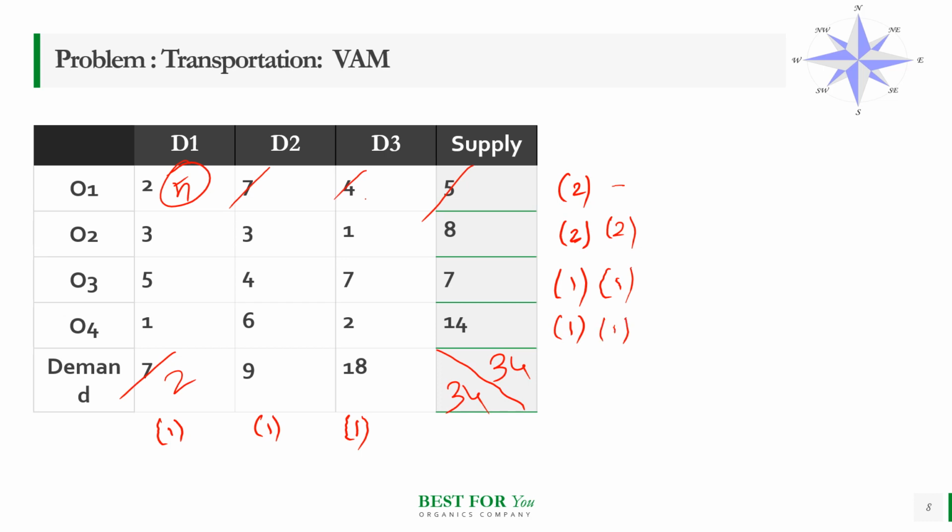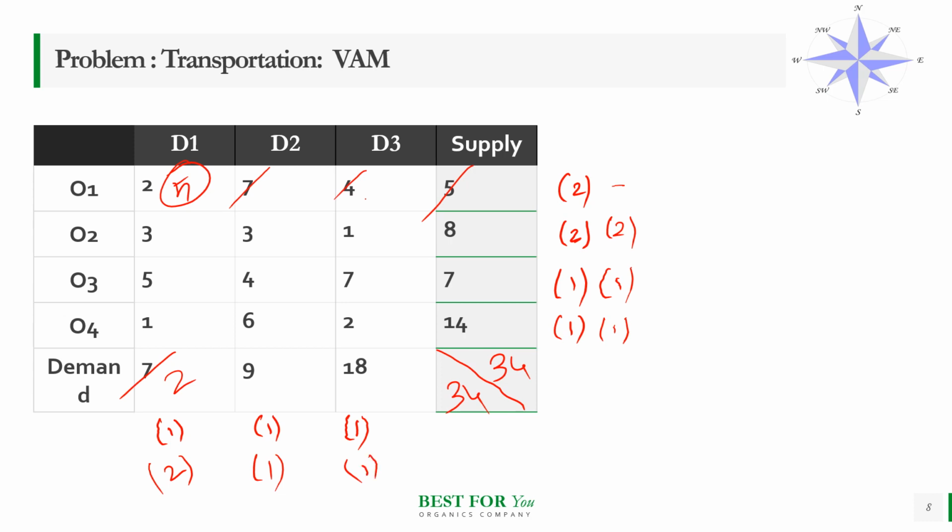For the columns, between 1 and 3 the difference is 2, between 3 and 4 the difference is 1, and here 1 and 2, the difference is 1.